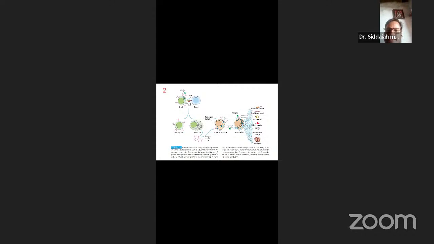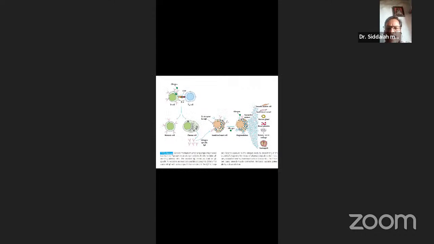When an allergen enters the system for the first time, it is recognized by the B cells, and with the help of the B cell, antibodies attach to the allergen and finally it binds with the T helper cell.